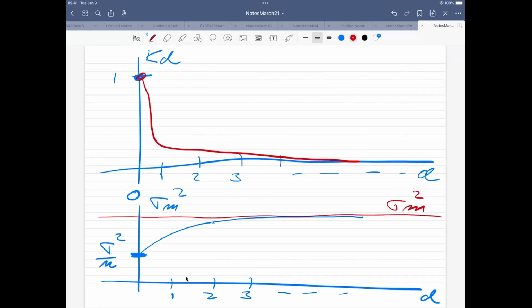If it keeps increasing, it means that your correlations never die out. So that means that your results are really strongly correlated, and your estimate of the variance and the total variance can actually be difficult. But in general, the different Monte Carlo events are less and less correlated the more apart they are from each other. So the kind of ideal thing is actually to obtain this curve which flattens out as a function of this variable d.